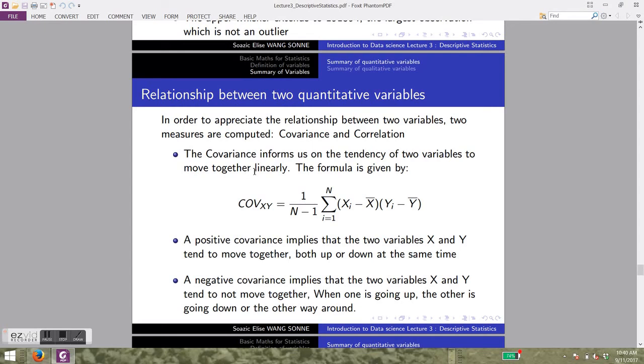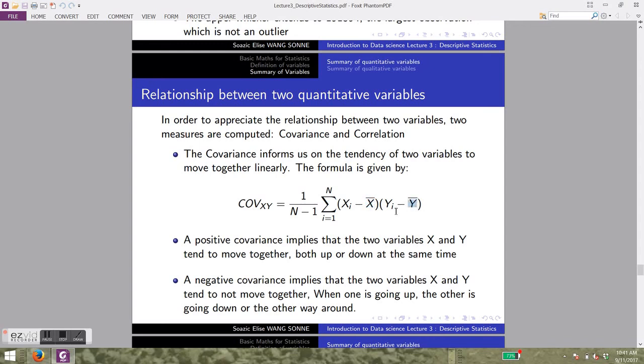I want to point out that this is linear, because you can have a covariance equal to 0, but it doesn't mean there is no relationship between these variables, but rather that there is no linear relationship between those two variables. The formula of the covariance is given by 1 divided by n minus 1, sigma, always you see this Greek letter coming back, and then you do xi minus x bar times yi minus y bar, where x bar and y bar are the averages of each of those variables.